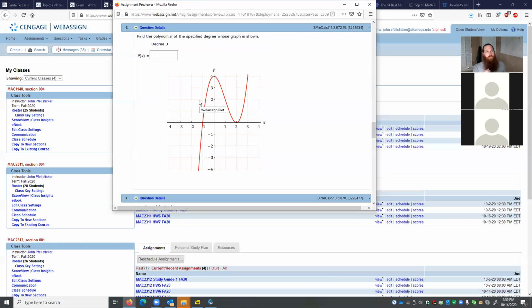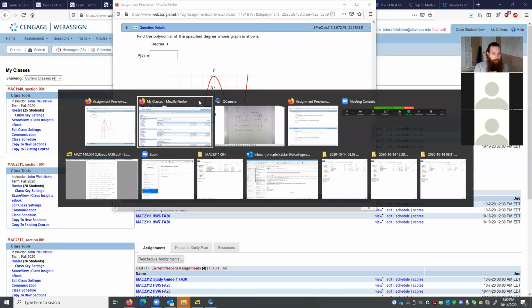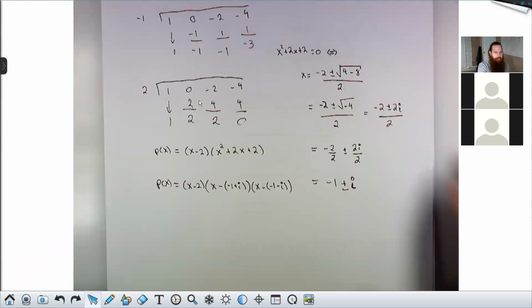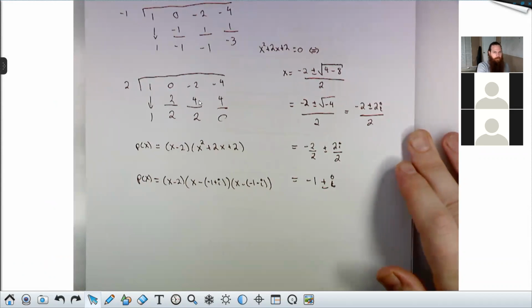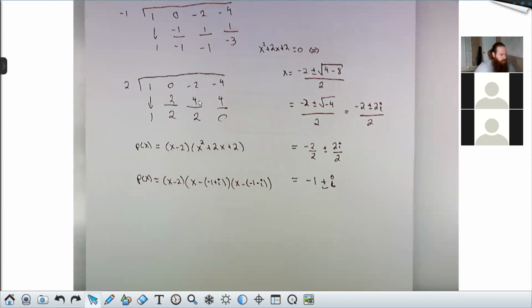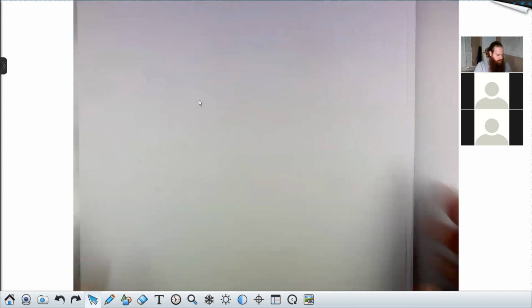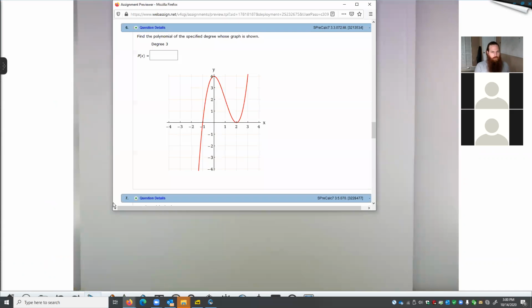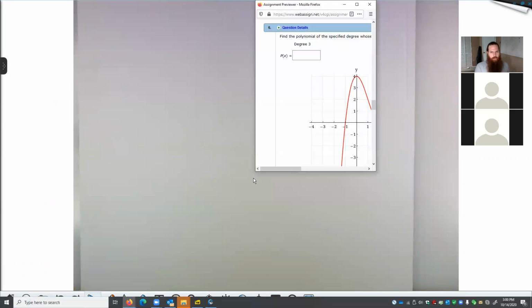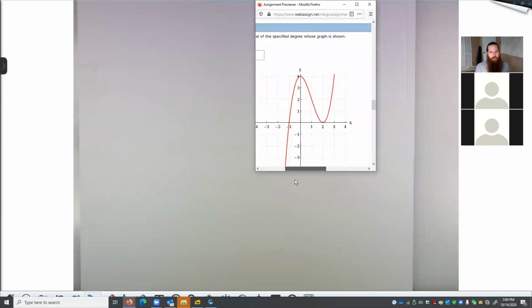So find a polynomial of the specified degree whose graph is shown. Degree 3, graph looking like this.